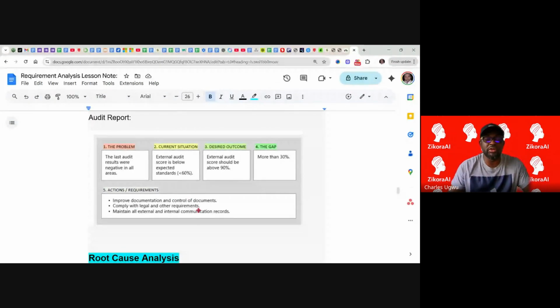Once this is done, you find out that the quality of accounting or the workflow or documentation will be improved. And when the auditors come, they will see that there is a high standard and they will increase the score of the audit. So this is where we see gap.